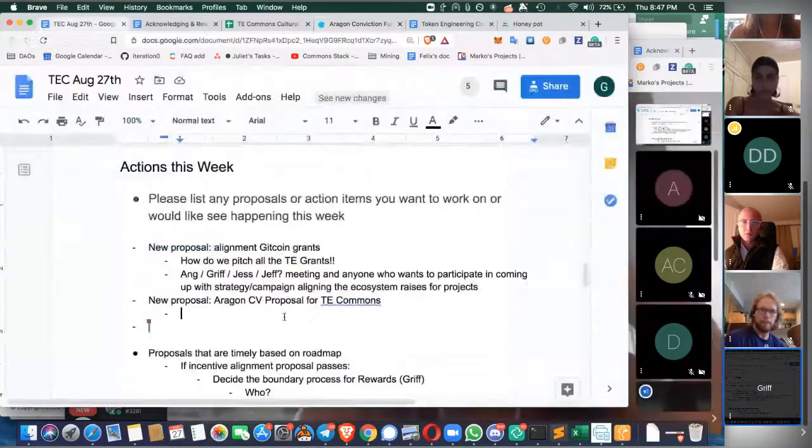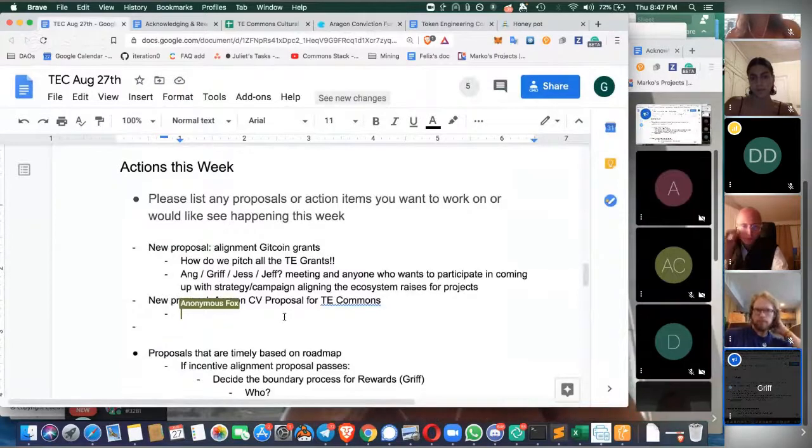What's the deadline? Well, with conviction voting, sooner is better than later because conviction builds over time. So there's no hard deadline. Well, the hard deadline would probably be within the next 2 weeks, but the sooner the better.